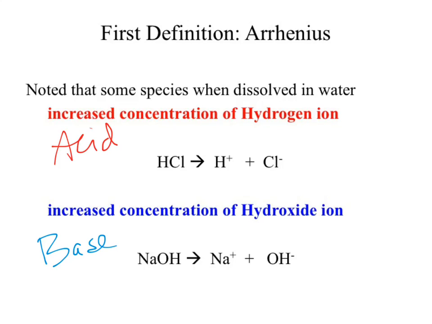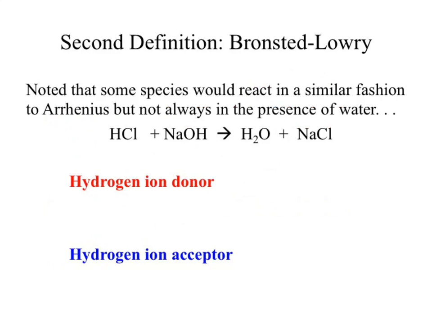The first pass at that broader definition, after we sort of accept that these definitions are useless, is the Bronsted-Lowry definition. Okay? That definition is slightly tweaked to make things a little bit more inclusive. Instead of looking at hydrogen ion and hydroxide as two separate species, we refer to an acid as a hydrogen ion donor.